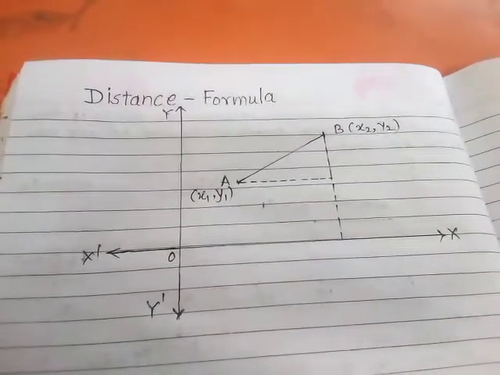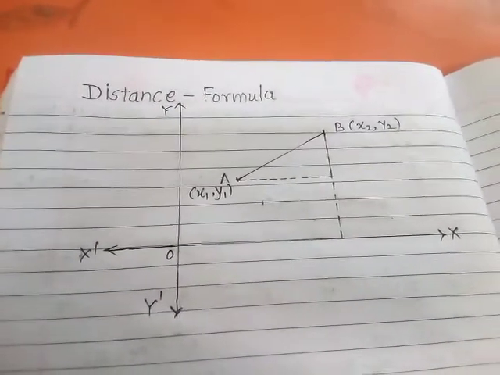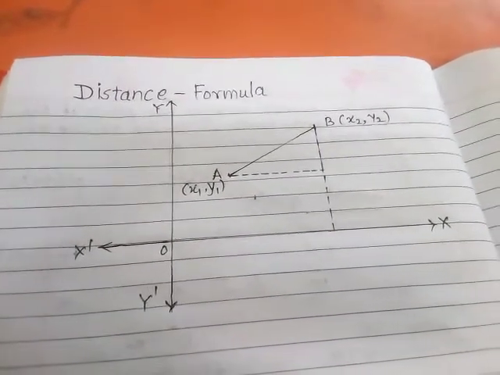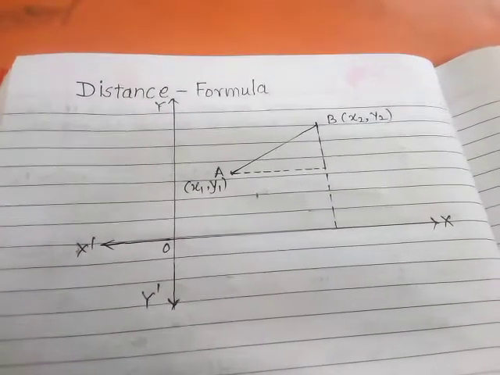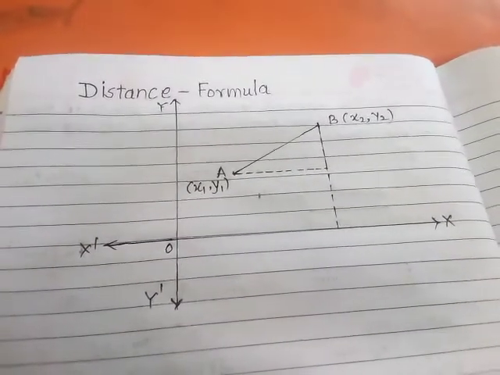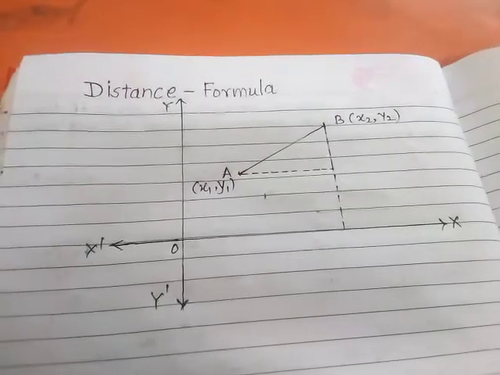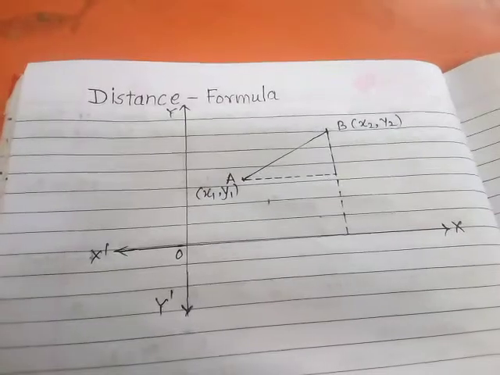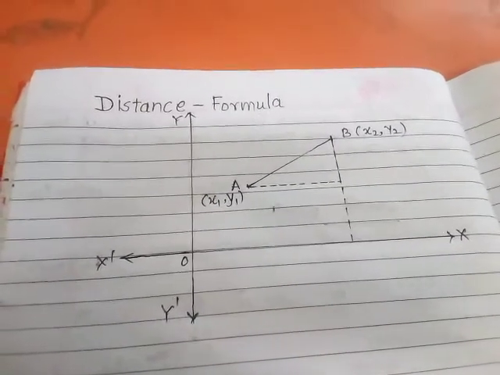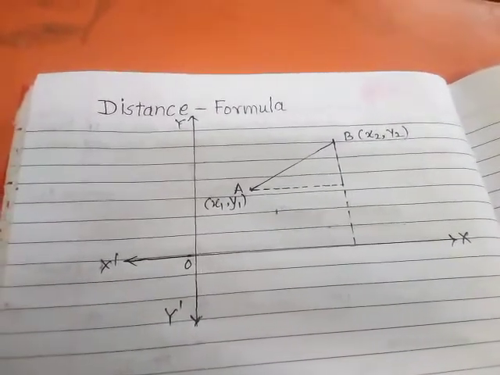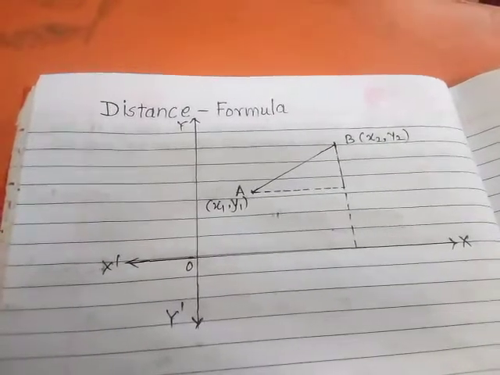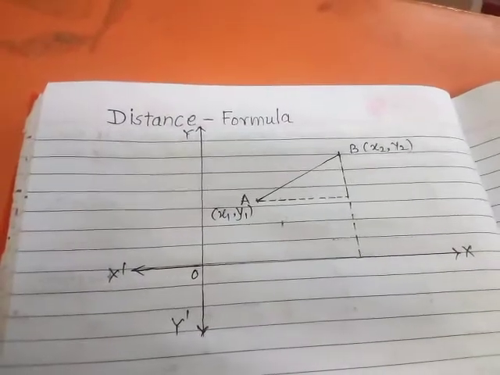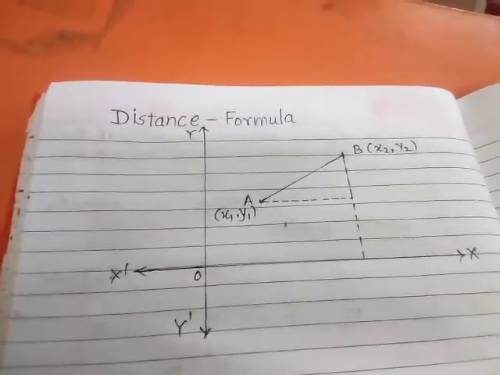In the last topic we already studied the distance between 2 points in the xy plane. First, we calculate the distance between 2 points that lie on the x-axis or 2 points that lie on the y-axis. Then the distance between them is calculated using x2 minus x1 and y2 minus y1.